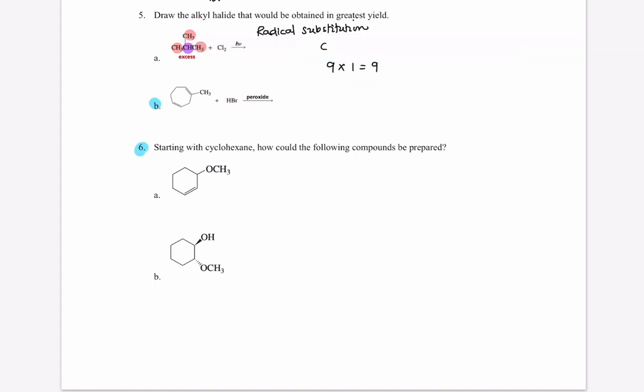So this is if you get this as your product, where you replace one of these red hydrogens with the chlorine. But you can also get another product where you abstract this hydrogen and replace it with the chlorine. If you do that, then it's going to result in this product.